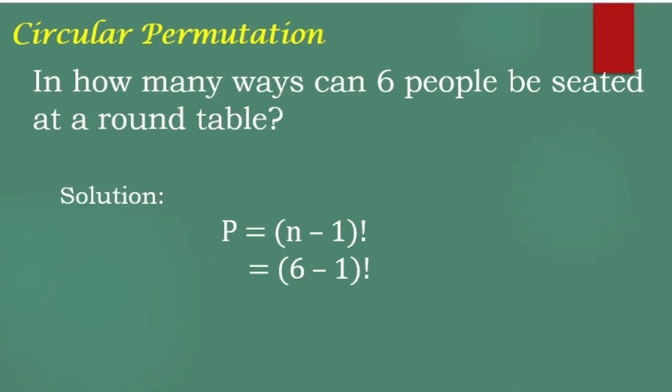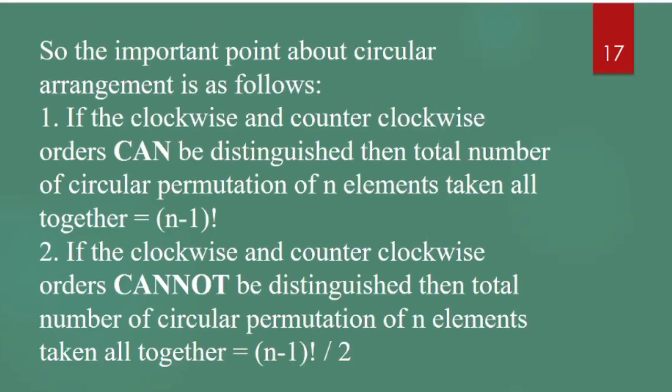Following this equation, 6 minus 1 equals 5 factorial. So 5 factorial equals 120 ways. Therefore, there are 120 ways that 6 people can be seated at a round table.